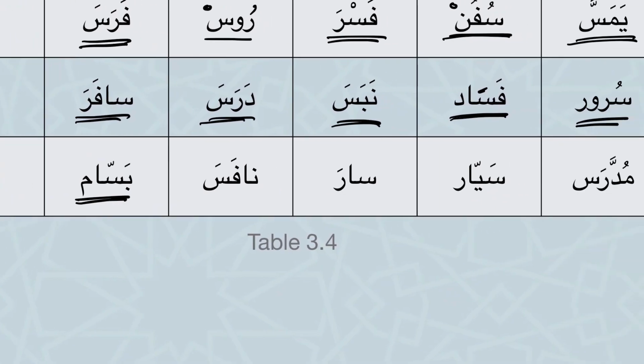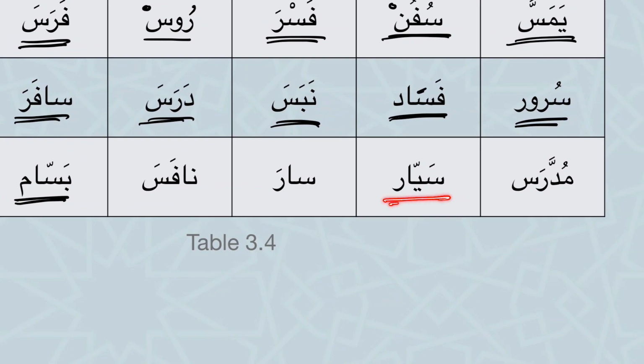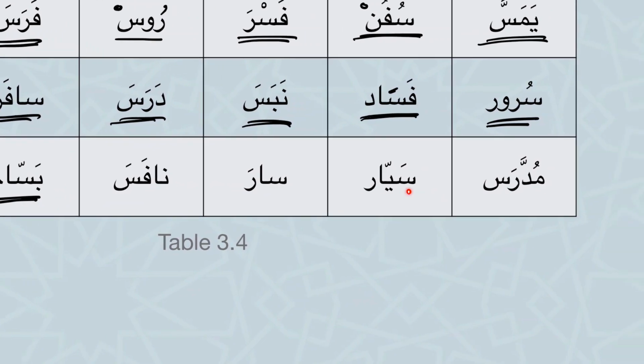This one is Sara. This one, the Sin has a fatha. The Yeh has a shadda and fatha because of the alif. It's a long vowel alif, long vowel a sound, and the ra. So it's Sayyar. Sayyar.